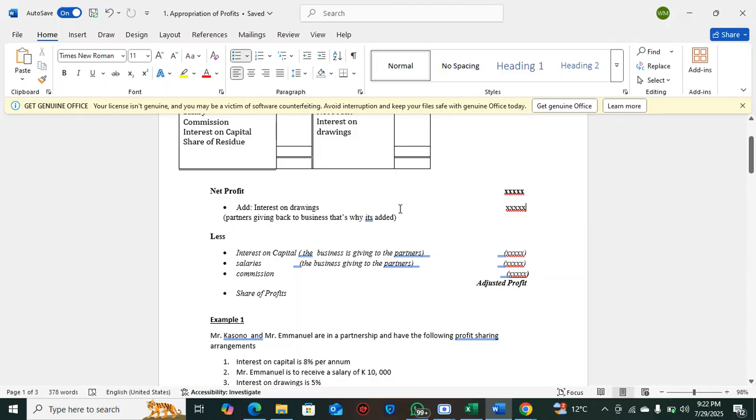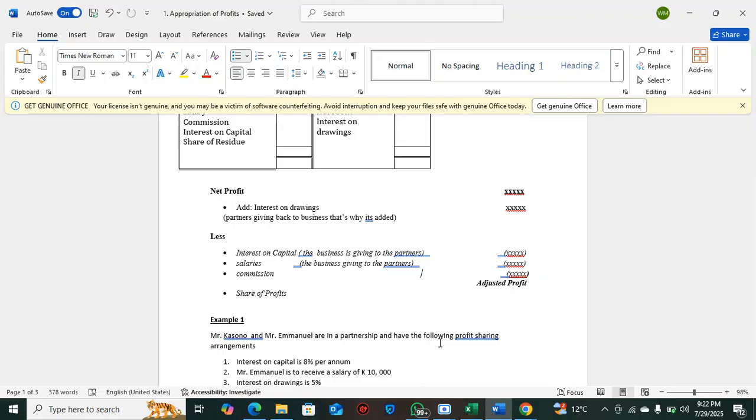After that, the remaining things you need to subtract from the net profit, because now this is what is going to the individual partners. The first thing that you deduct from that profit is the interest on capital. As partners, each of you puts money or resources into the business, so you earn interest on that capital.